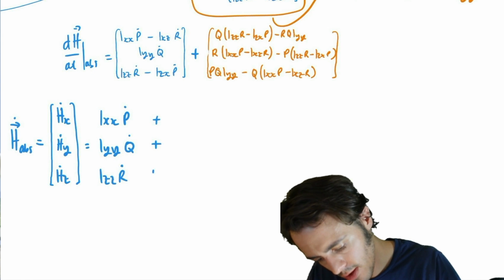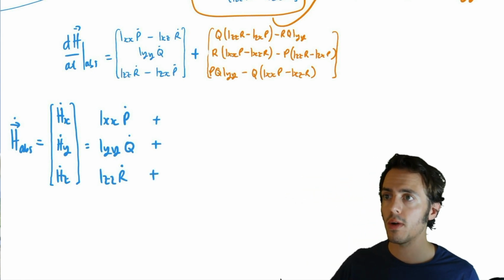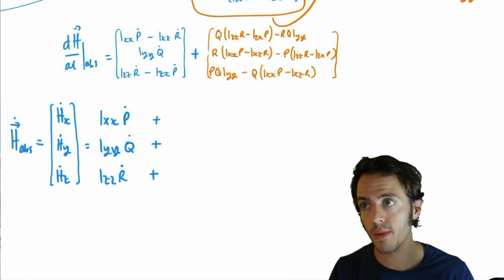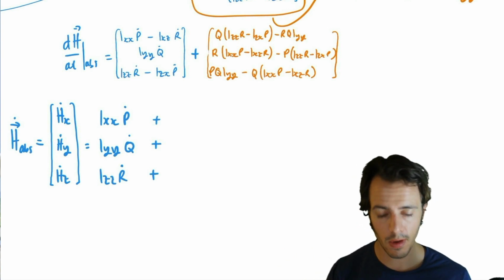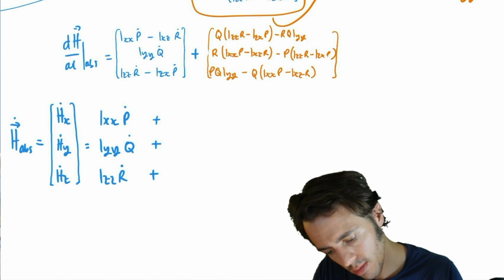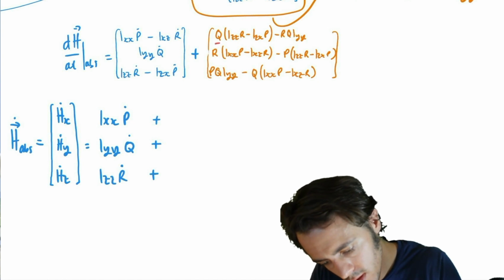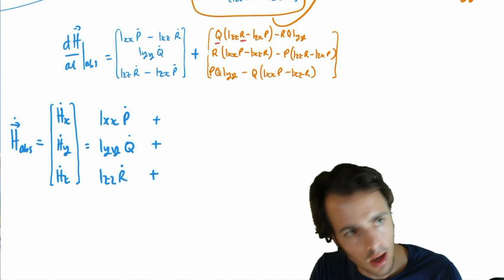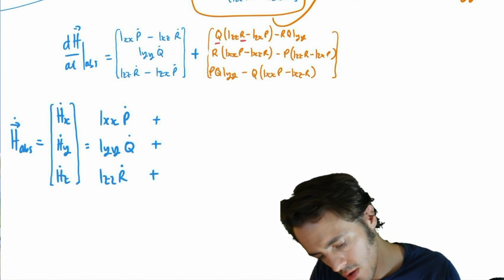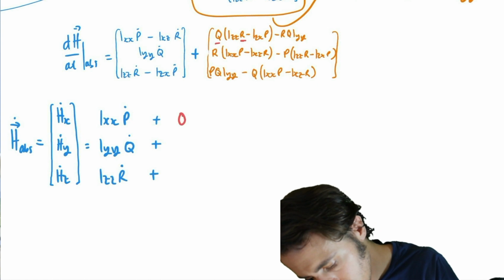So we've got these first terms which I've put down in blue, and these exist due to the moments of inertia and accelerations about the axis corresponding to the row that we're talking about. Then I've got some other terms, Q and R here, and those are related to gyroscopic precession.